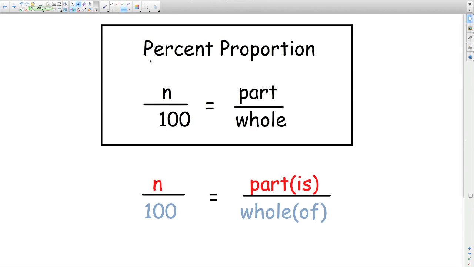Here we are given the percent proportion. Now the percent proportion is n over 100 is equal to the part over the whole. Other textbooks use different words that have the same basic meaning. Sometimes they put the word percentage instead of the variable n. Either way doesn't really matter. The idea though is that you understand the idea of part over whole.